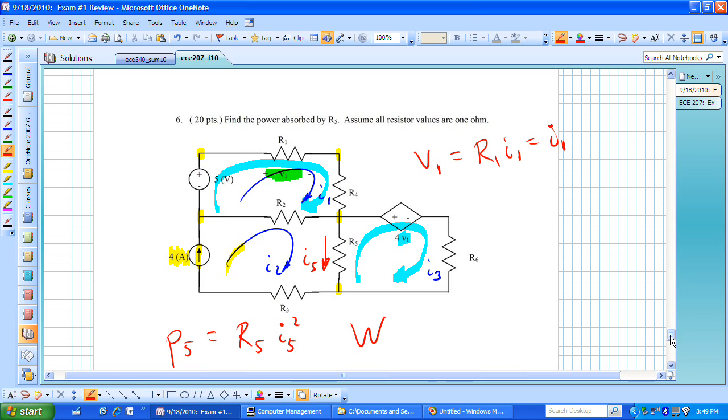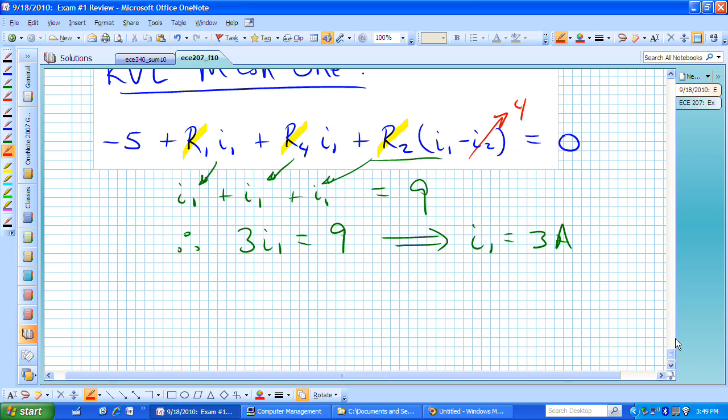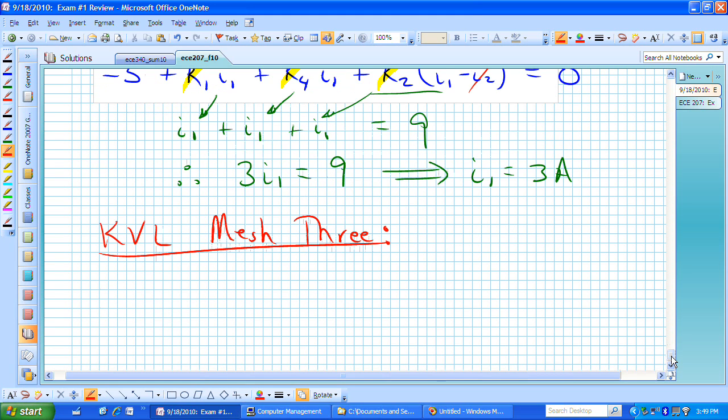Let me now write my mesh equation, or KVL, for mesh number 3. KVL at mesh 3 says I have R sub 5 times I sub 3 minus I sub 2 plus 4V1 plus R sub 6 I sub 3 is equal to 0.